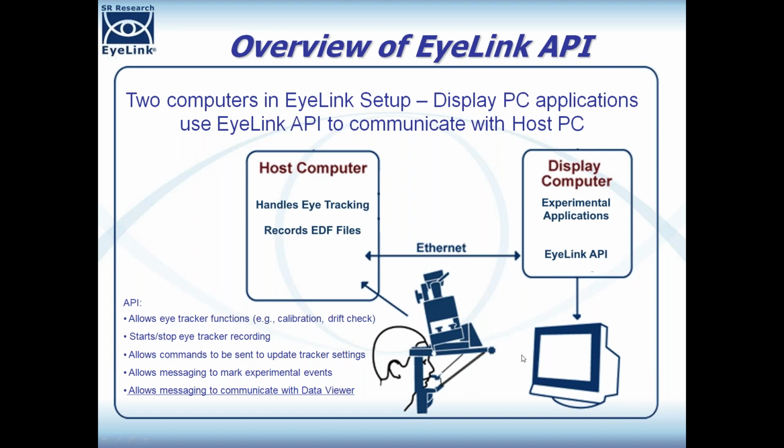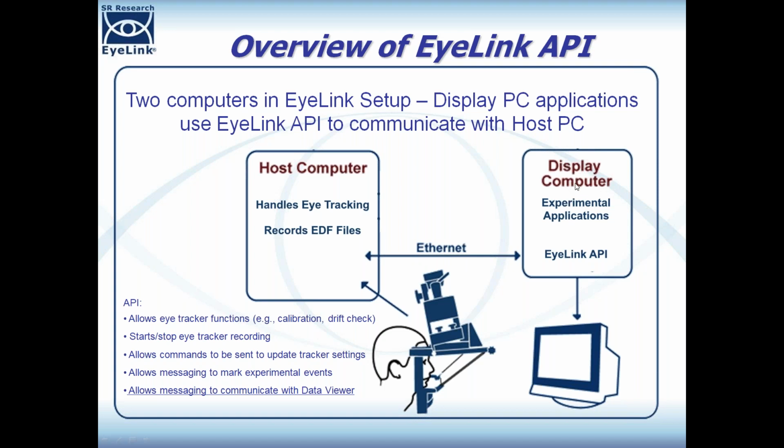But basically, the participant is looking at the display PC monitor. That's where the experiment's being run. And the experimental application is using the EyeLink API to communicate with the host PC. And this communication is done via an Ethernet connection between the two computers.